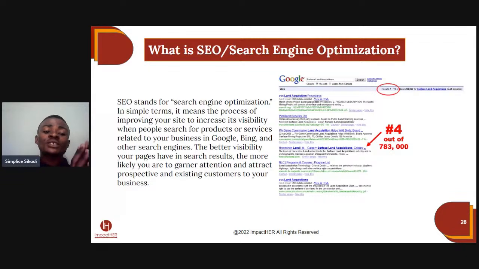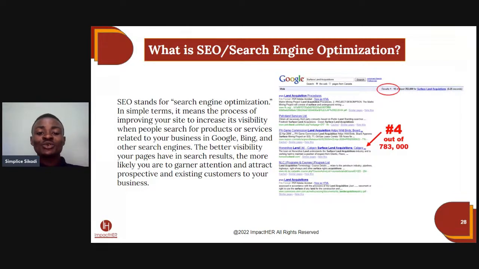So the idea of search engine optimization is so that you can rank on the first page. Because if you look at your screen right now, you're going to notice that there are several websites trying to sell the same product, and there are close to 783,000 websites trying to give you that information. Of course, all of them cannot appear on the first page.